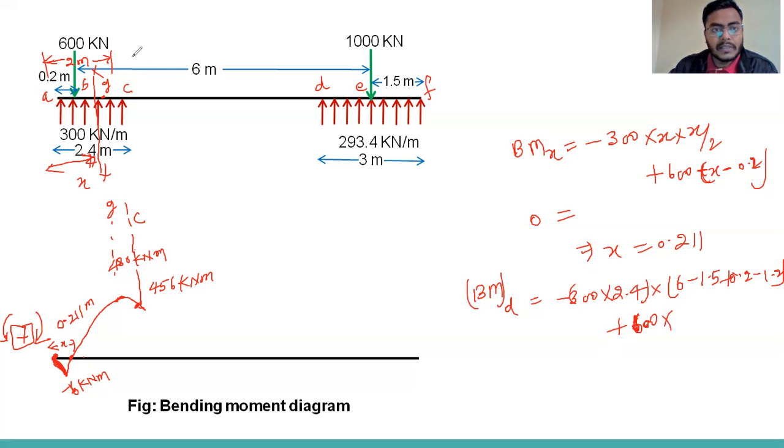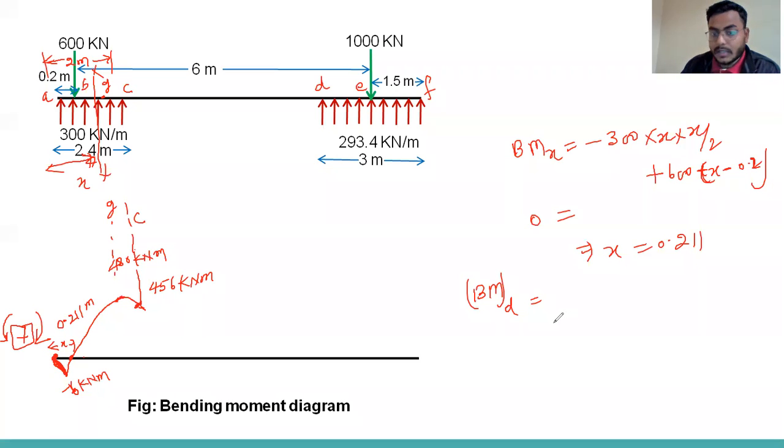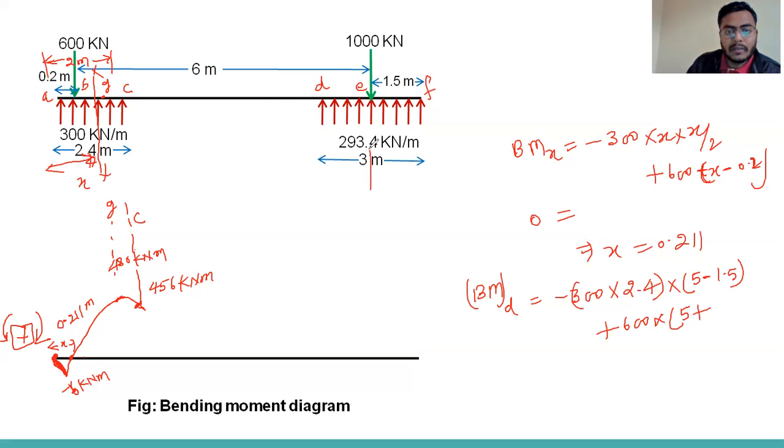No, we can solve it like this also. Okay, we can write like this. See, this is the total reaction. So minus 300 into 2.4 into 5 minus 1.5, plus 600 into, plus, because this value is the distance to here.